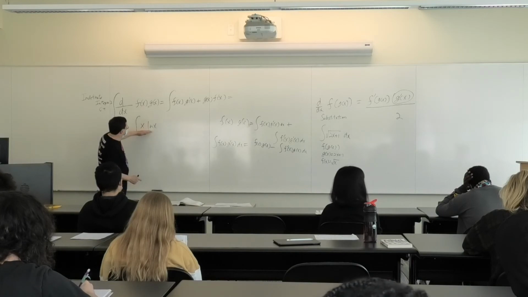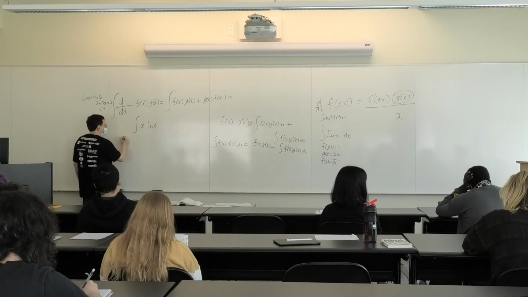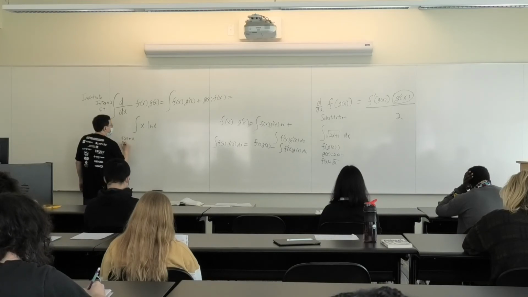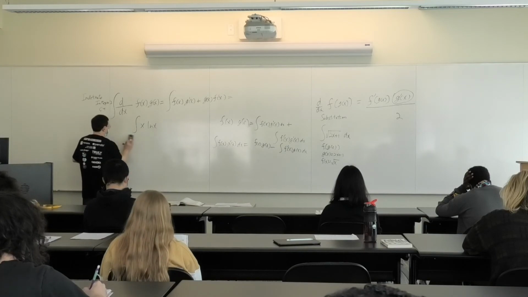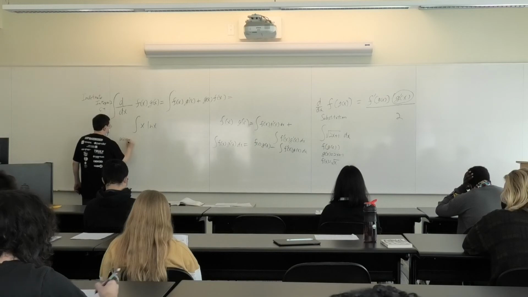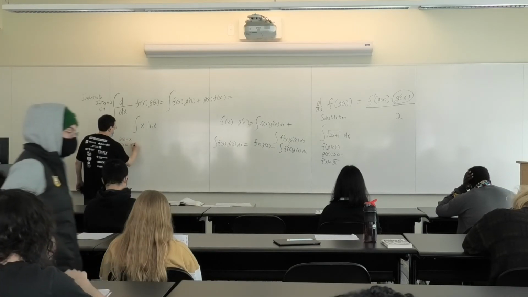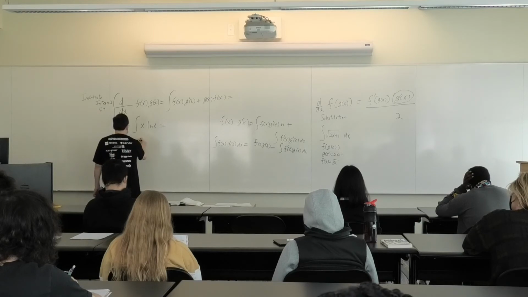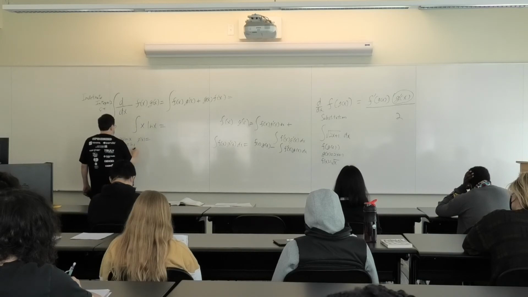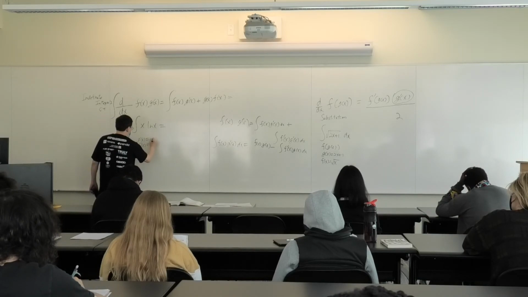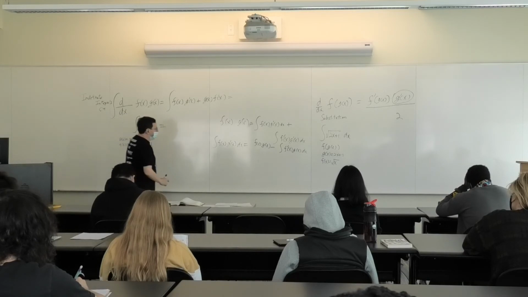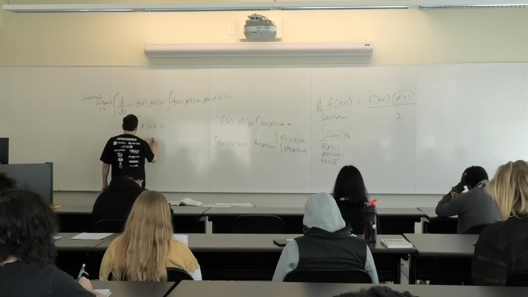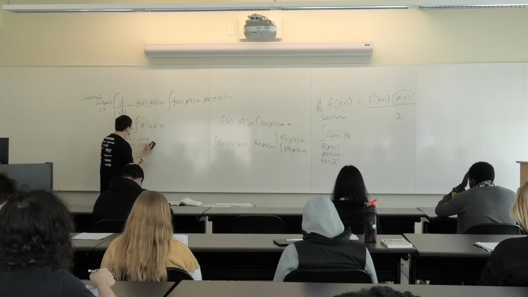So how would that work? I'd look at this and I'd say, well, maybe f of x is log of x, and g prime of x is x. I knew I did it wrong. Let me try again.